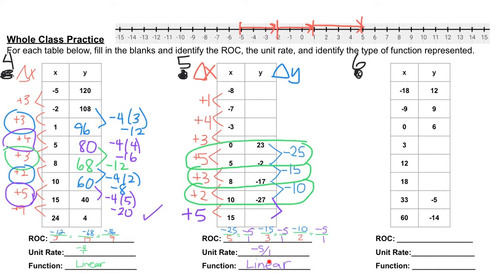So my unit rate tells me that my y value decreases by 5 for every 1 increase in my x. So my x is increasing by 5 here, so I need to do 5 times that change of negative 5 that is supposed to be for each one of my x's.